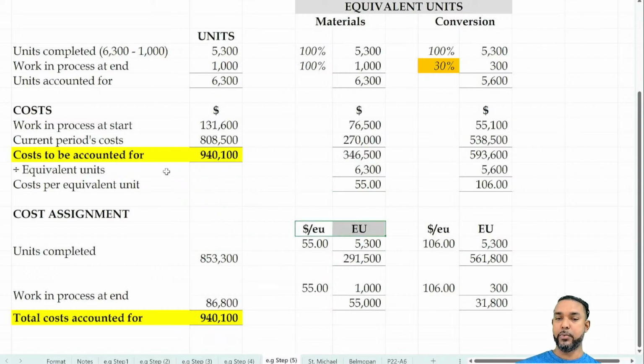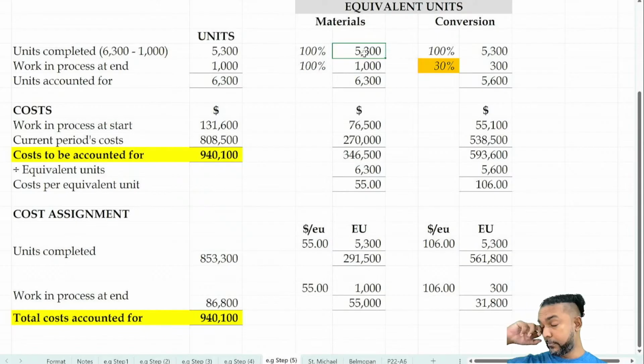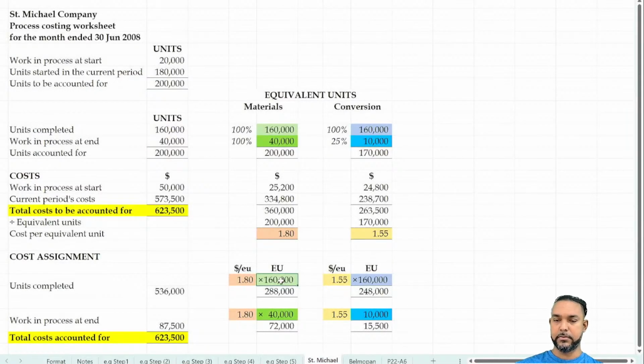The cost per equivalent unit for materials was 55, and we're multiplying that by the number of equivalent units for materials for the units completed. So 55 by 5,300 is 291.5.